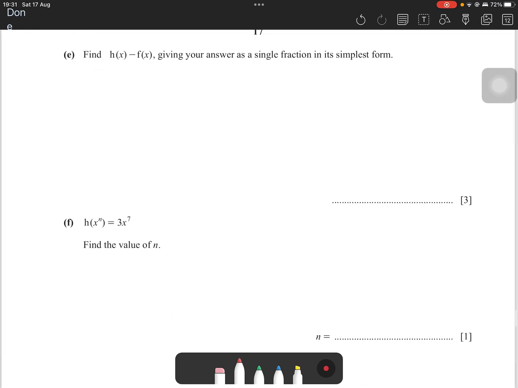E. Find h of x minus f of x. You know h of x is 3 over x, and f of x is 1 minus 3x. And remember to put it in brackets. And now we need to simplify this expression. So 3 over x, let's expand the brackets first, minus 1 plus 3x.